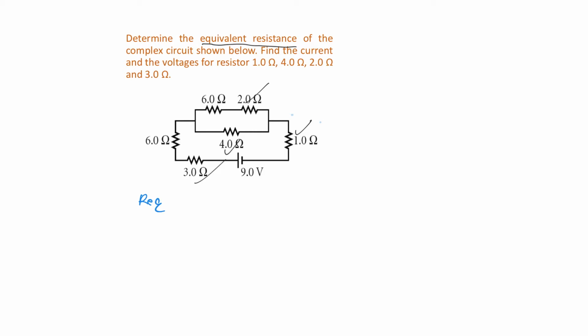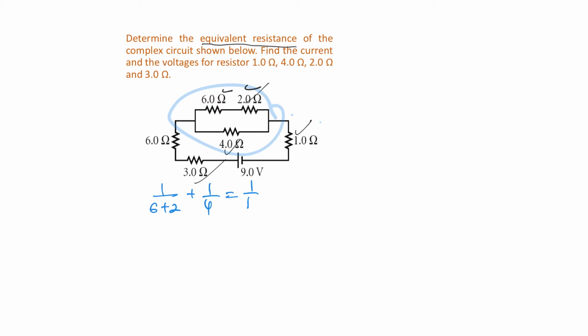Mostly we are going to start with something that is parallel like this, and then we simplify it, then we find the total resistance. So now we have 6 plus 2. 6 plus 2 is in series, so it's going to be 8 ohm. So it's going to be 1 over (6 plus 2) plus 1 over 4.